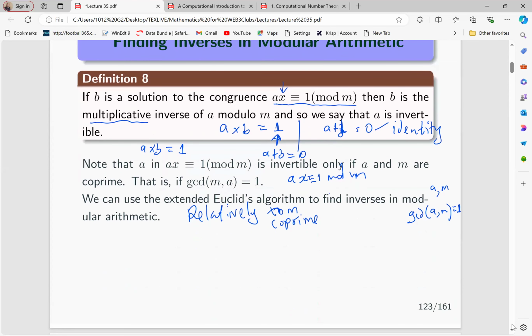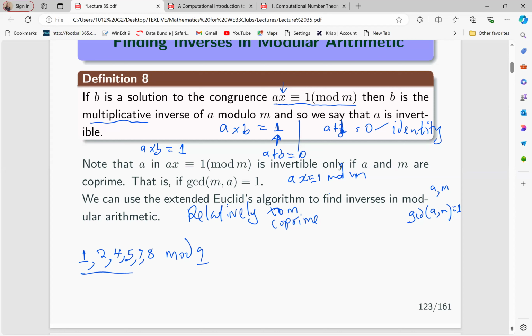For instance, when we talk of mod 9, elements that will have inverses mod 9: 1 is one of them because it's relatively prime to 9. 2 is another. 3 is not relatively prime to 9. 4 is relatively prime to 9. 5 is relatively prime to 9. 6 is not. 7 and 8 are.